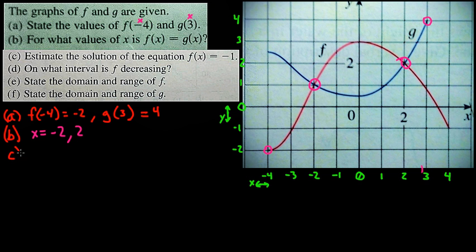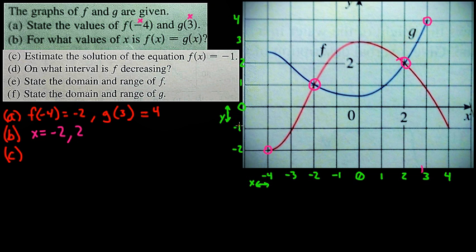Alright, C. Estimate the solution of the equation for x equals negative 1. Okay, so f of x is equal to y. Remember that from the last video. So what we're really saying is y equals negative 1. So let's go to this y-axis right here and find negative 1.